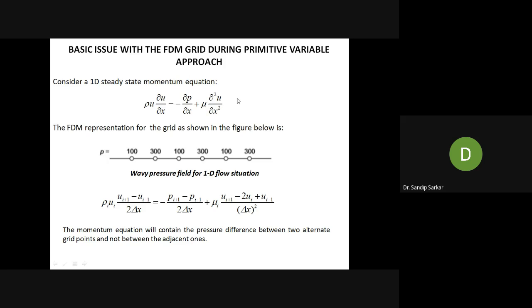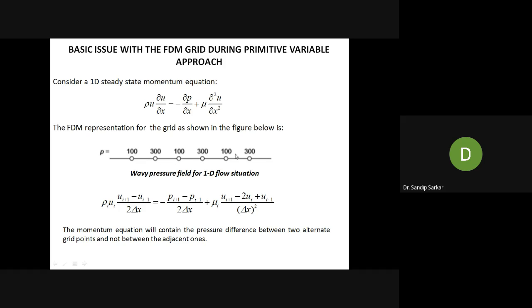Is that clear to everybody now? Is that clear? Okay. Now you have understood that once we have this zigzag type of pressure distribution, your solution will be devoid of any pressure gradient. That is, your numerical solution will not have any pressure gradient term.